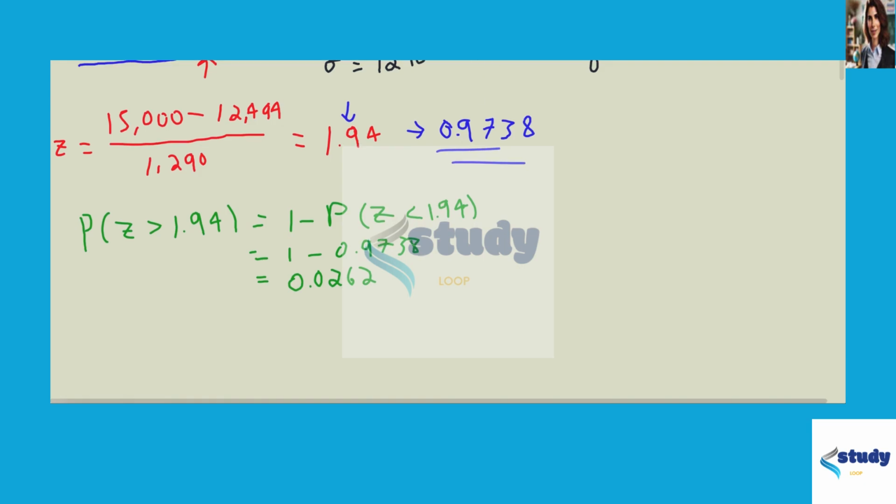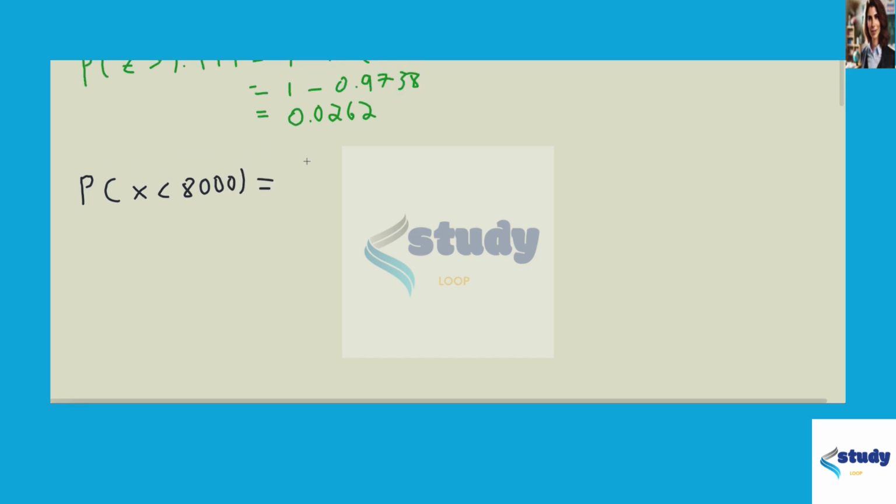Okay. Now the second part of this question is asking us to find the probability that the car has driven less than 8,000 miles. And so to do this, we're just going to find the z-score value for 8,000.